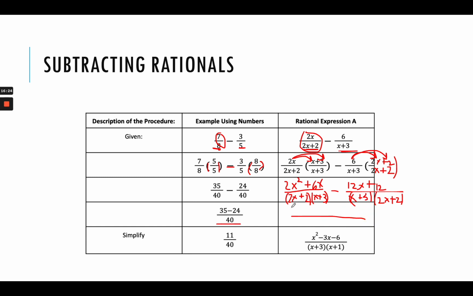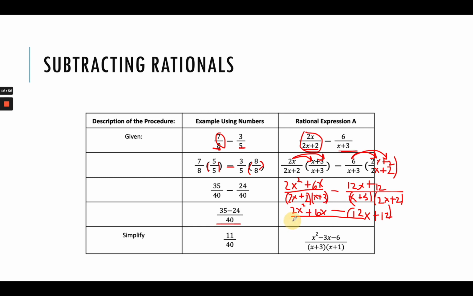So we get 2x squared plus 6x. Okay, this is where we have to be careful of that negative. So we have a subtraction sign. So we're going to put a subtraction sign. But we're subtracting all of that numerator, which is 12x plus 12. So I'm going to put it in parentheses so that I don't forget to distribute that negative.